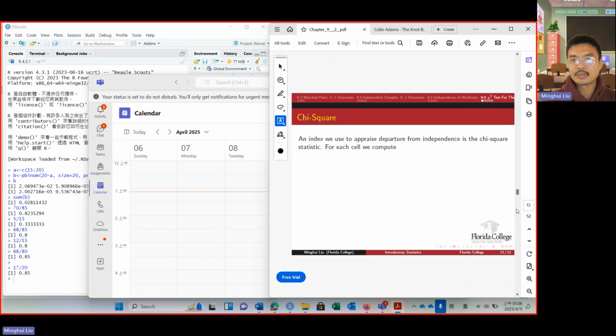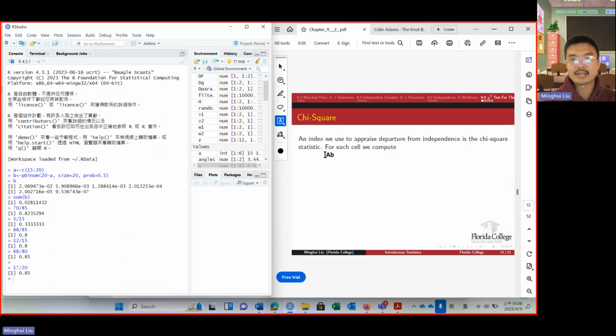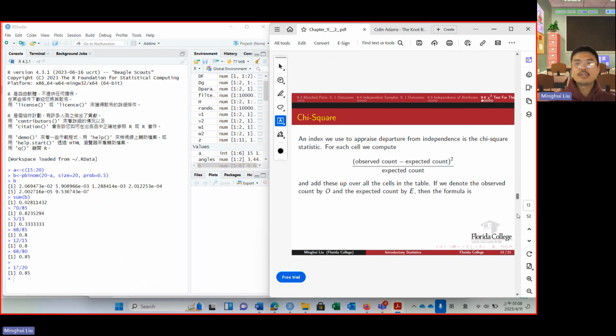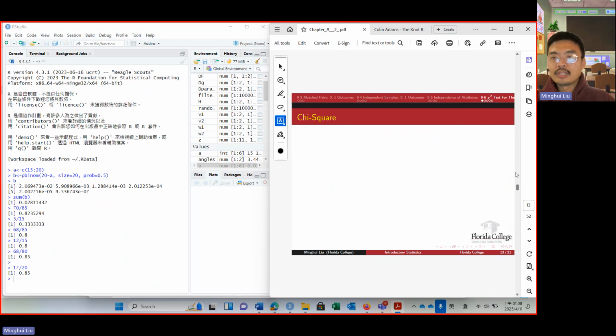And the answer is we'll introduce what is called the chi-square test. The chi is actually a Greek letter, which looks kind of like an X. It's pronounced chi. We look at these two tables, one is what you actually observe, and the other is what you would expect, assuming independence.